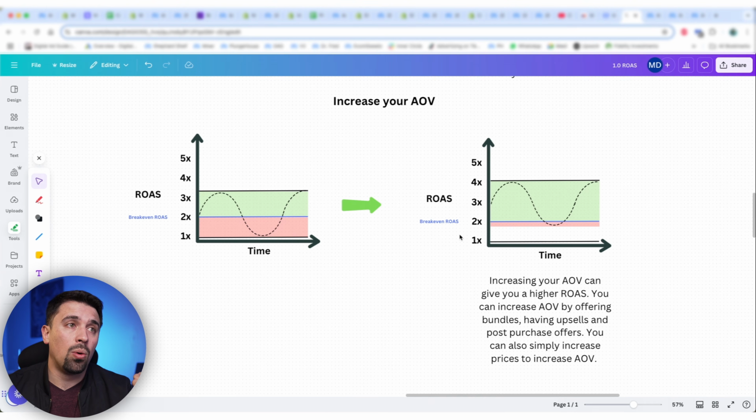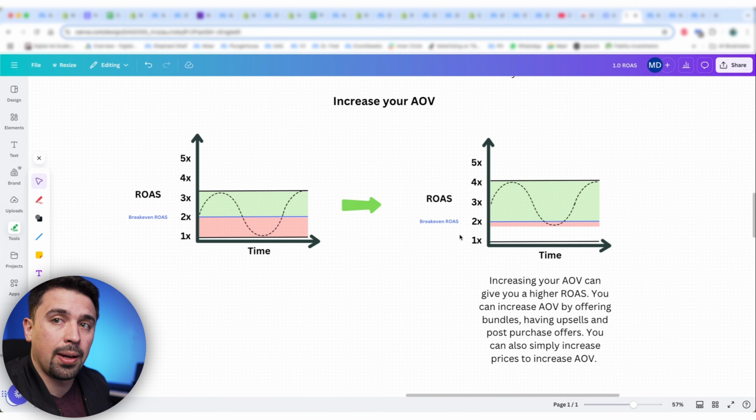Bundles is a good way, or simply increasing the price of your product. That can increase your average order value, or offering upsells or post-purchase upsells, stuff like that. You have to find a way to increase your average order value. That is going to make it easier for you to make a profit on your first sale, okay?